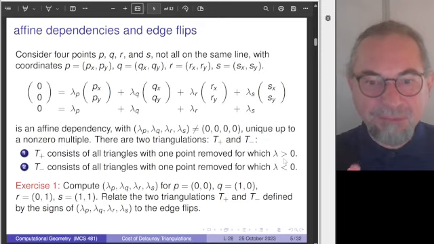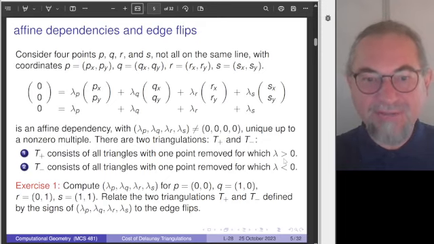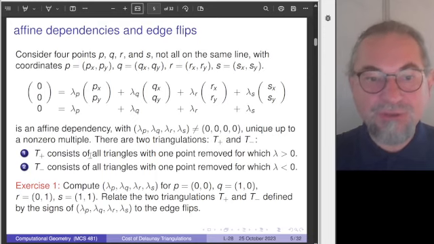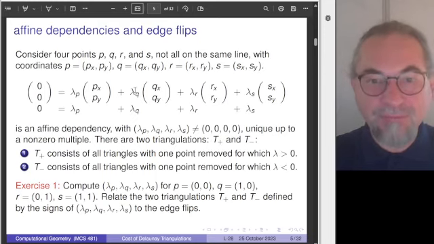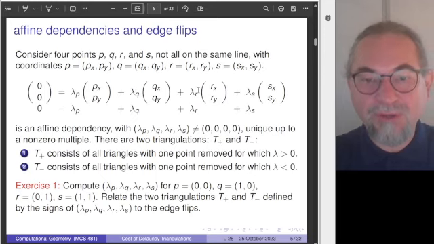The point of the exercise is to verify this for the unit square. And you can read off what the coefficients could be. So the coefficients are up to a non-zero multiple. I can pick 1 for lambda q, 1 for lambda r. Q is 1, 0, r is 0, 1.